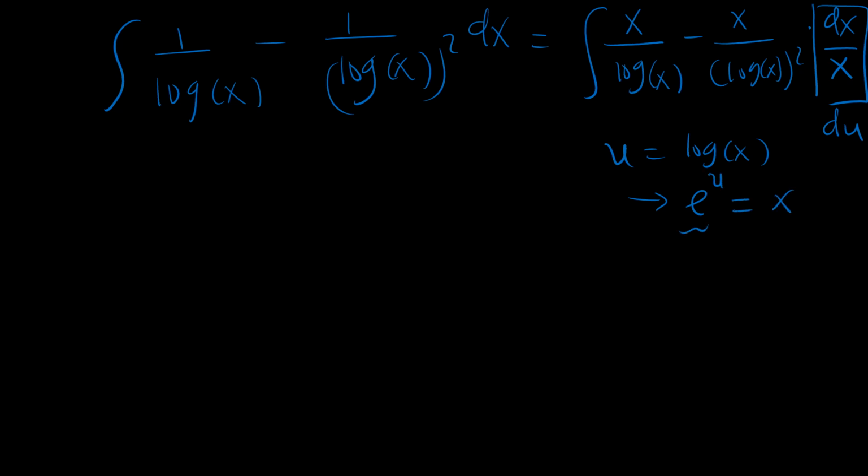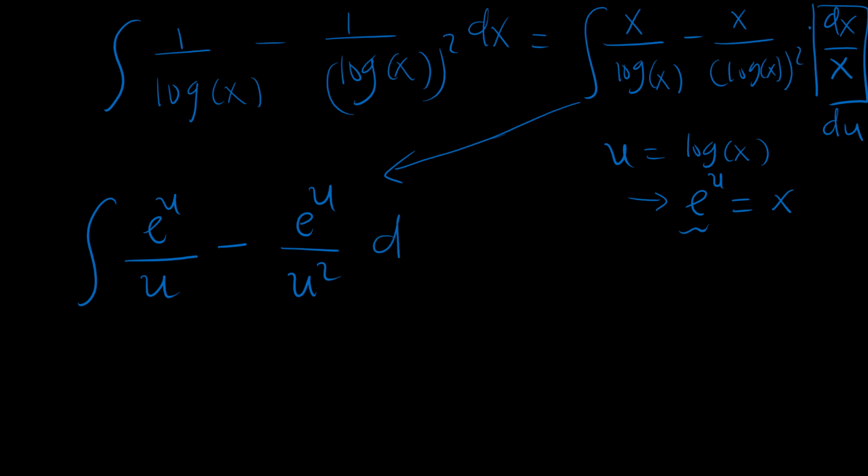So in place of x we have e to the power u, in place of natural logarithm of x we have u, and over here we have u squared du.